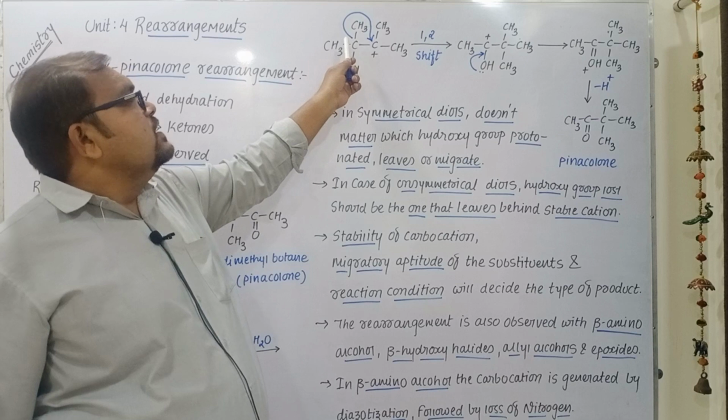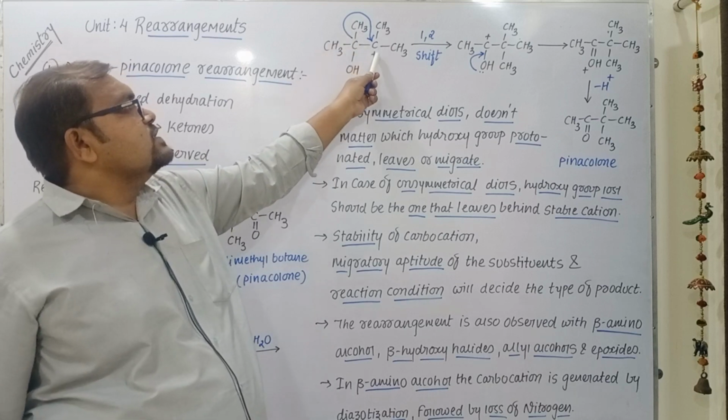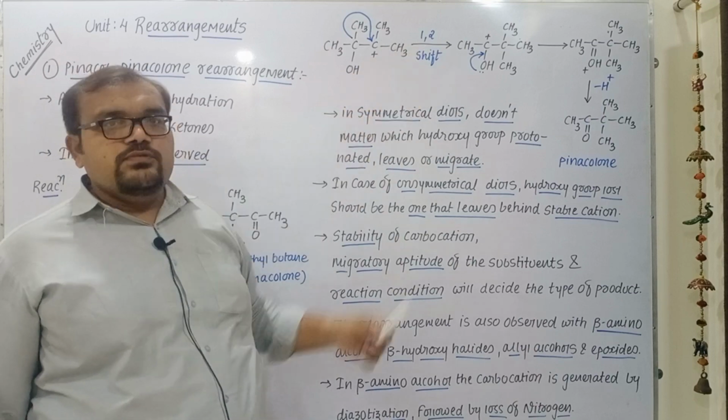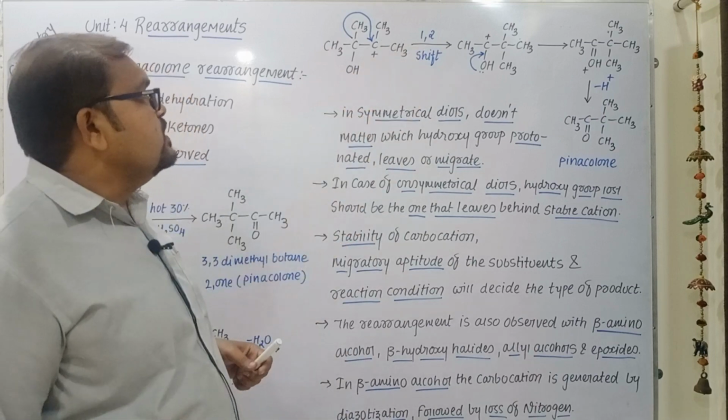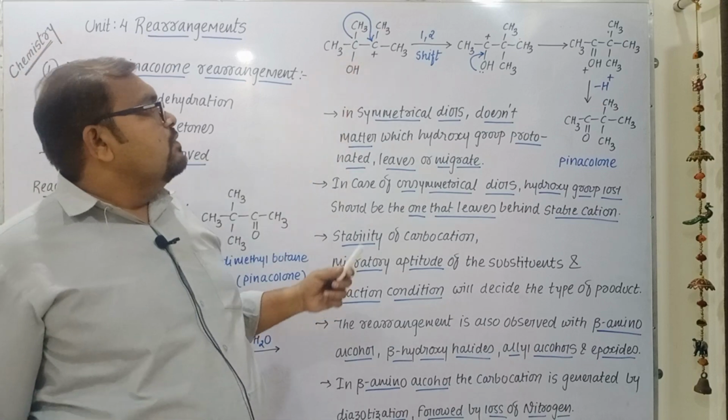This migration of a group from this carbon to this carbon is known as a 1,2 shift, which is very important.